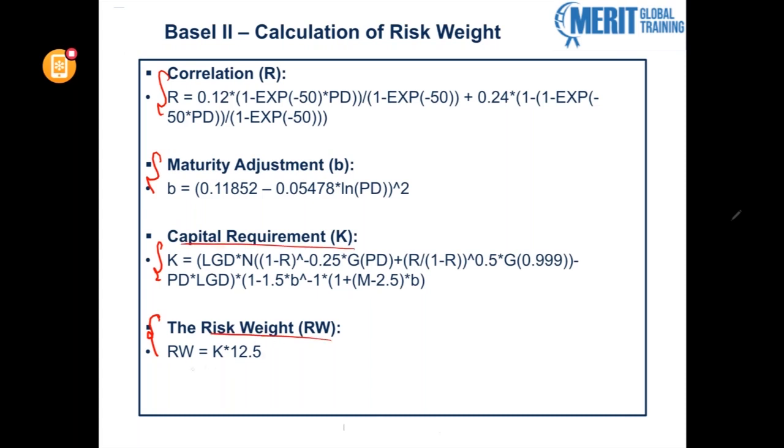If you have assets that are highly correlated, there is a tendency that their probability of default and default rate will be the same. For non-correlated assets, there is a tendency that they will have diverse probability of default values.